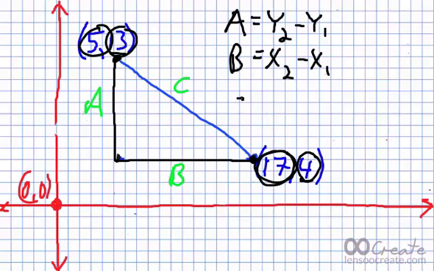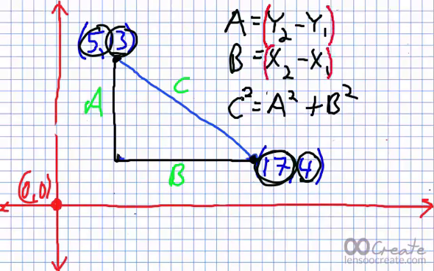And C, we don't know yet. But because I know that c squared equals a squared plus b squared, I can just plug in that for a and that for b, and I'll be able to calculate any distance between any 2 points at all.